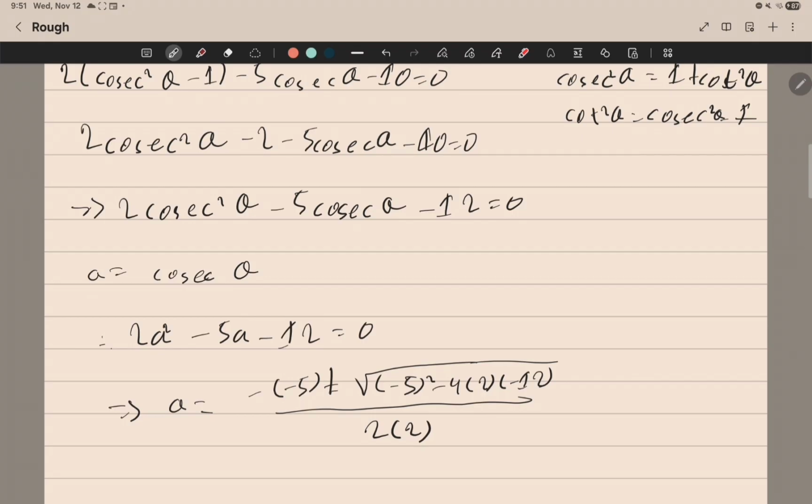Then if you guys have a calculator which supports, let's say, equation mode, go to the equation mode, go to polynomial, select degree to be 2, just put in the values.